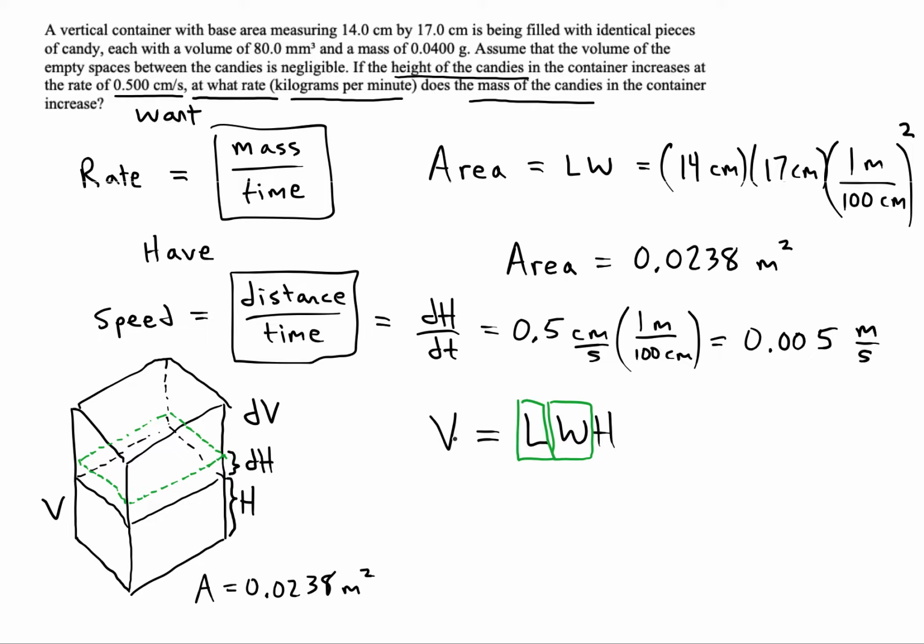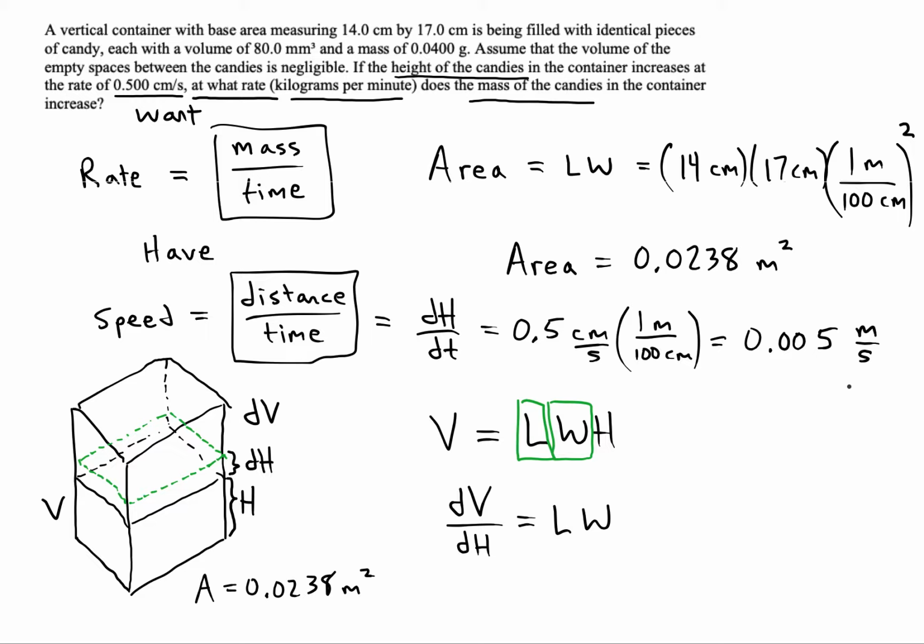So there's many ways to write that, but one way you could write it is dV over dh equals L times W, and then you remove the h, right? Because you take the derivative of it.